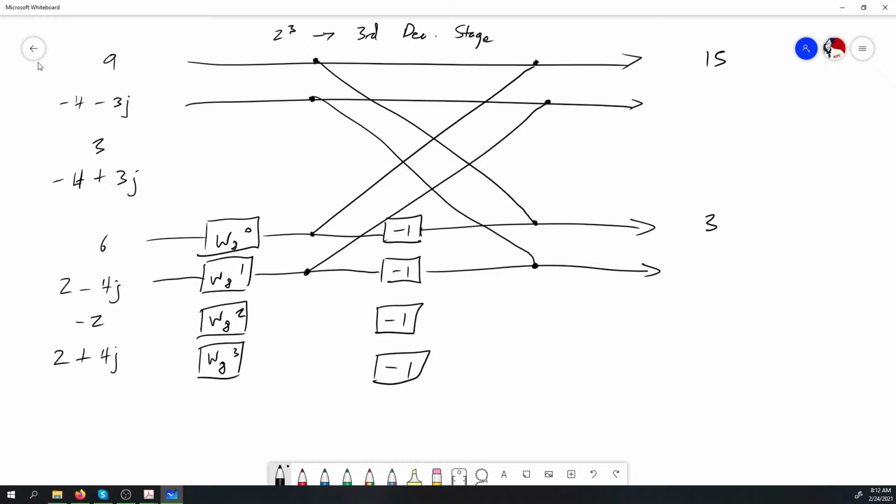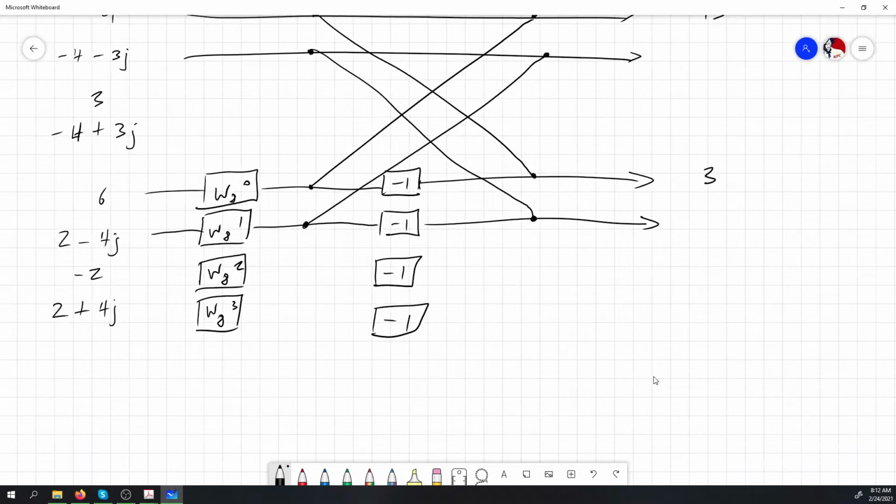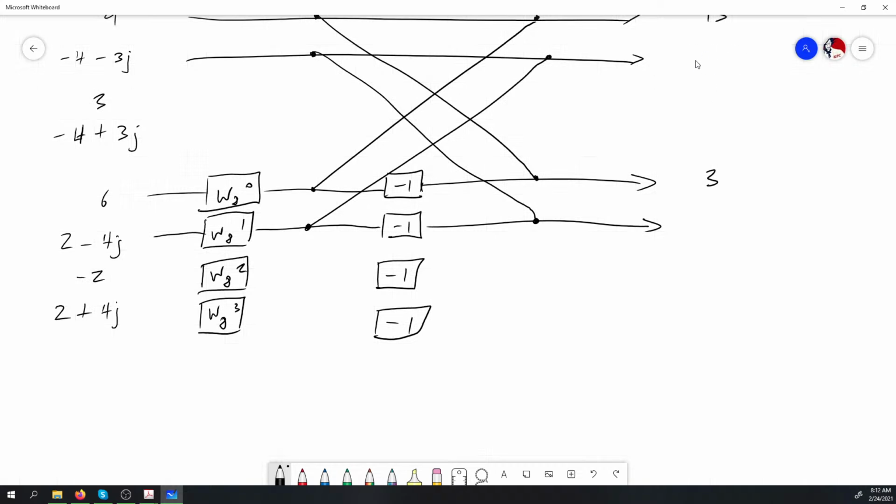So this calculation here, I'm going to write it out for you, let's say we're solving for this part here in particular. This here is going to be -4 minus 3j, add 2 minus 4j by W8 of 1.